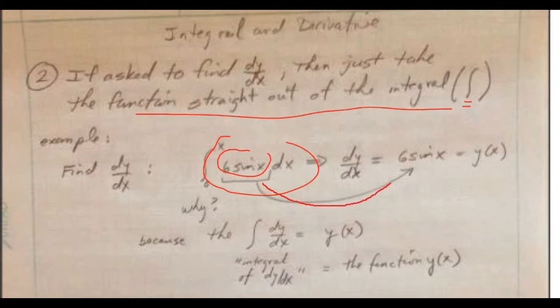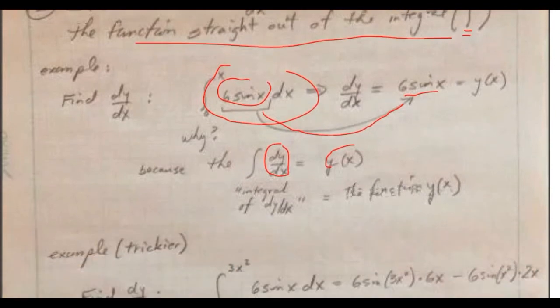We just grab it and take it out, and we plug in the limits of the integration, 0 and x here, so it's just a matter of substituting back in the x. Why? Because the integral of a derivative is the function, and the derivative of the function is the thing that goes into the integral.